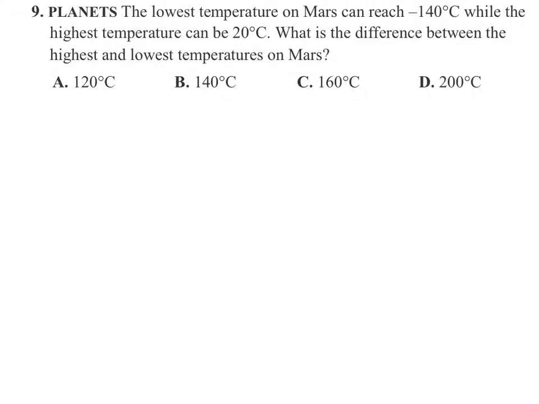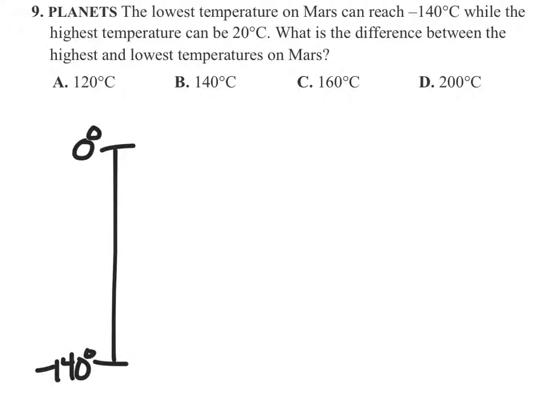The lowest temperature on Mars can reach negative 140 degrees Celsius, while the highest temperature can be 20 degrees Celsius. What is the difference between the highest and lowest temperatures? Well, let's look at this kind of like we would on a thermometer, not that they really make them this way anymore. But if this was 0 degrees Celsius, then we'd have to go all the way down to negative 140 degrees Celsius.